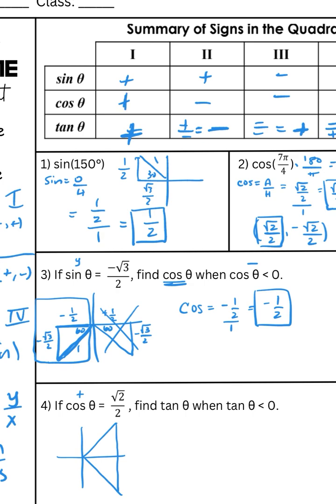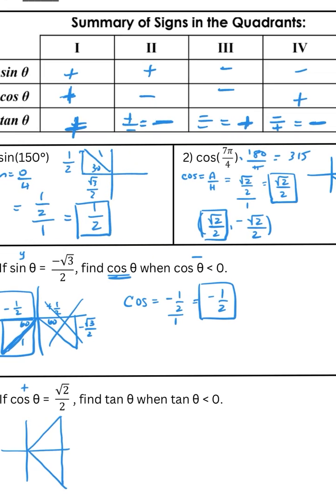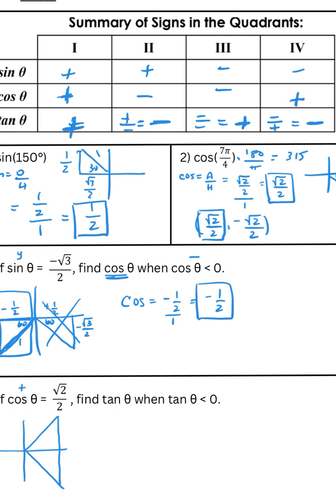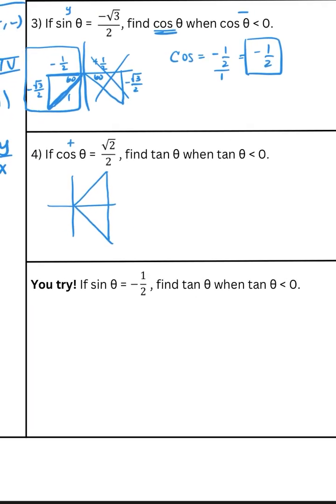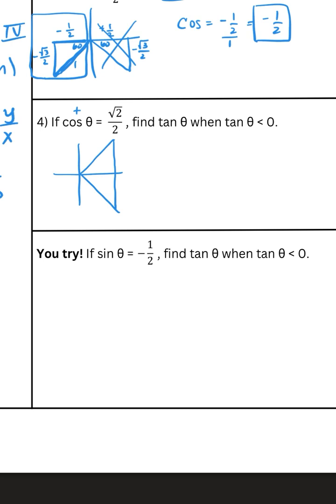Cosine is positive in the first quadrant, and it's positive in the fourth quadrant. That's why we reviewed that to start. Now cosine is square root of 2 over 2. That's your x-coordinate, which means these are 45-degree angles. So if that's square root of 2 over 2, then this is also square root of 2 over 2.